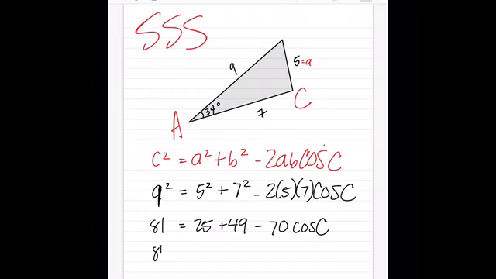This is going to be 81 is equal to 74 minus 70 cosine of C.